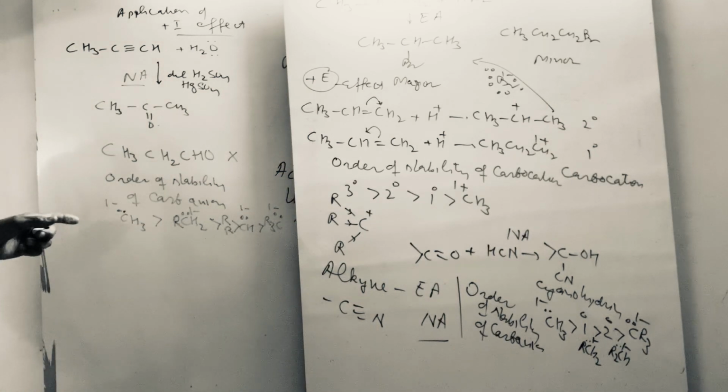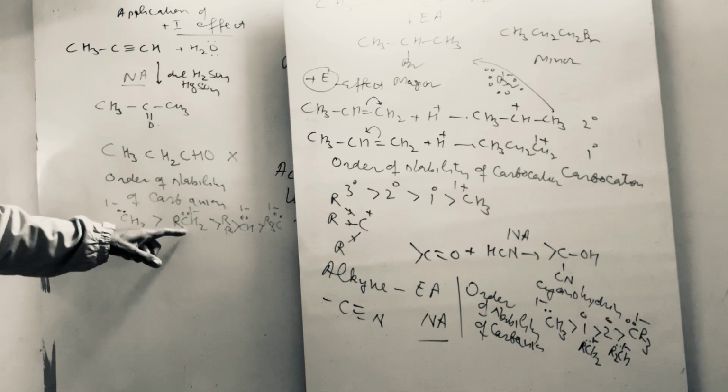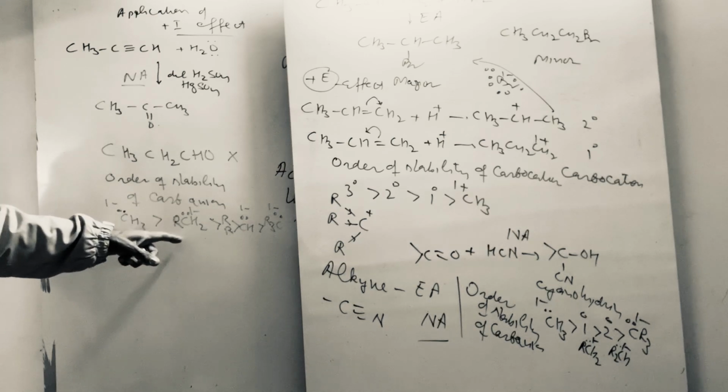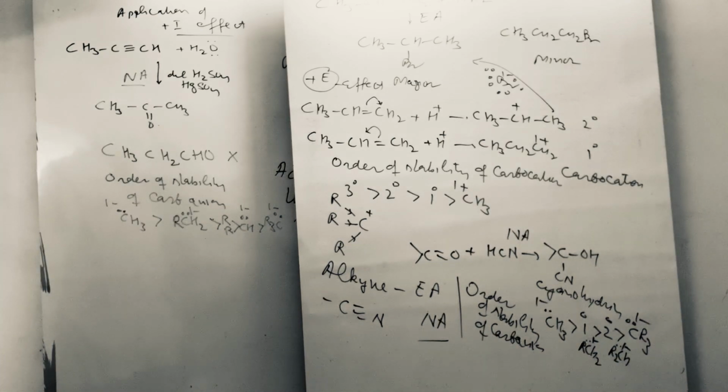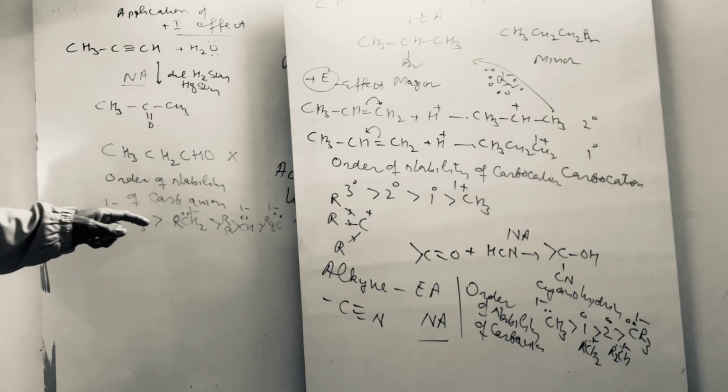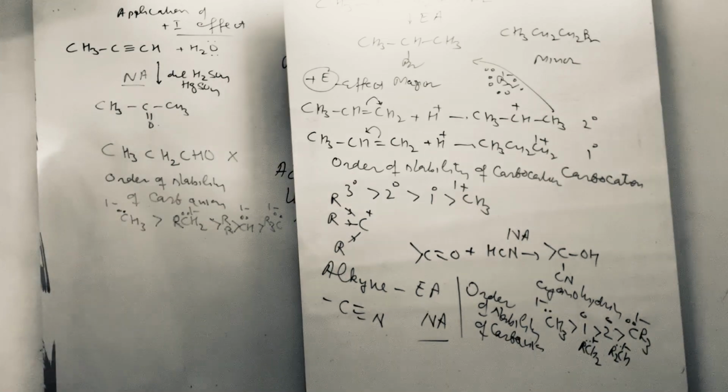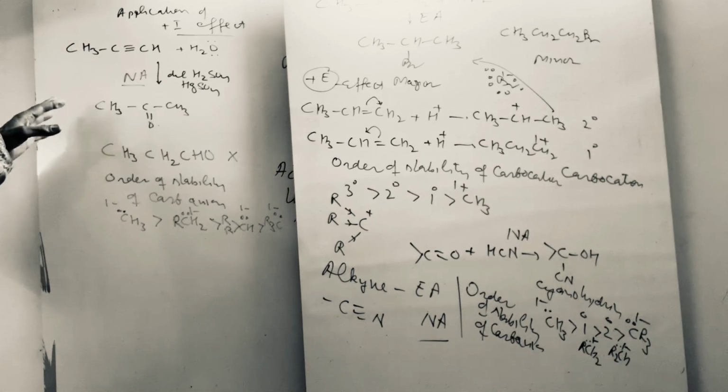So that's the reason here: out of secondary and primary, which is formed? Primary is formed. So why is it so? Because it is more stable, because R has got plus I effect as we have seen in the last video. This is an example of nucleophilic addition.